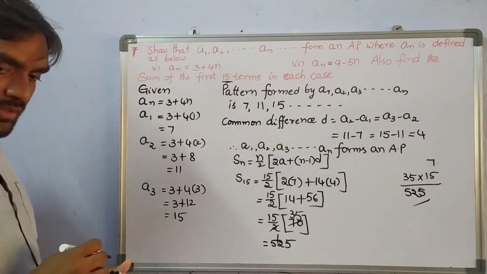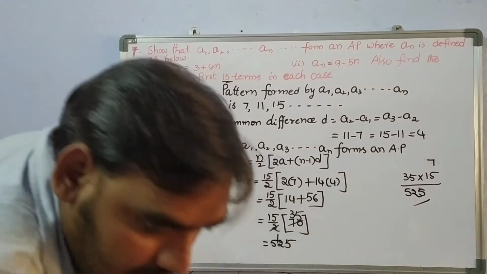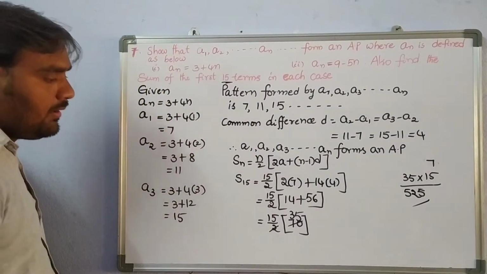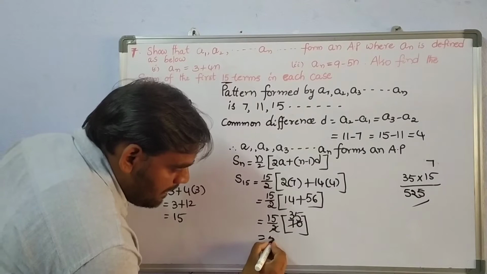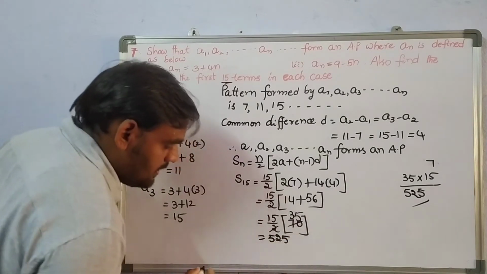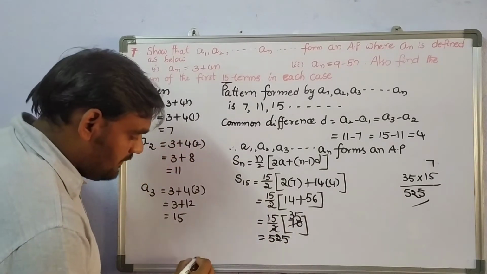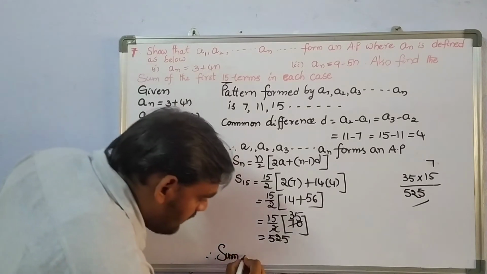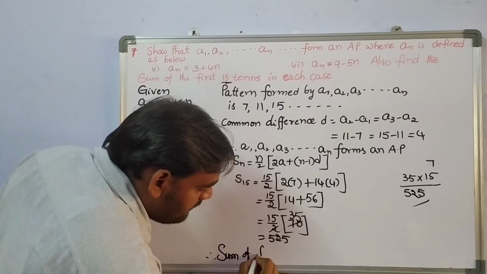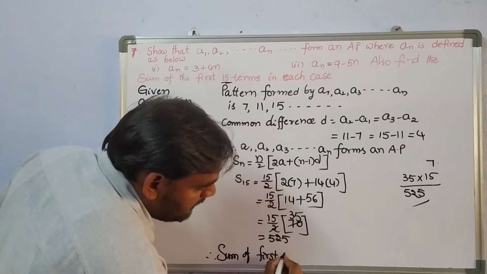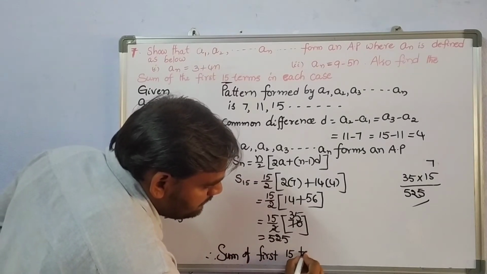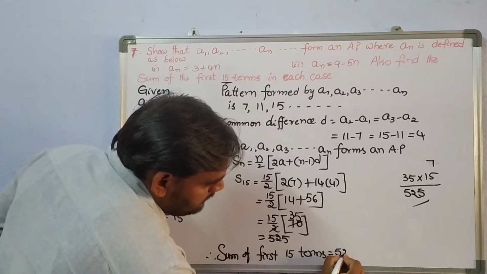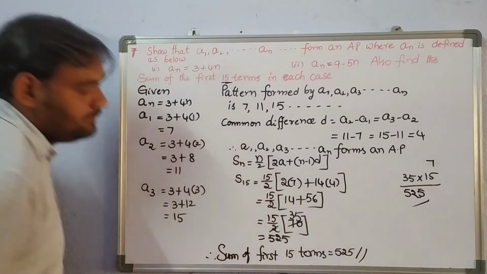Therefore, the sum of the first 15 terms is equal to 525. That's it.